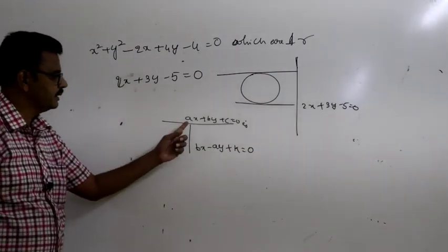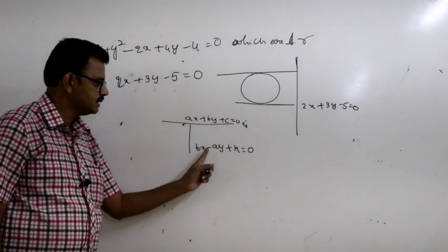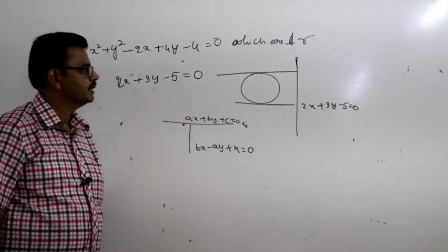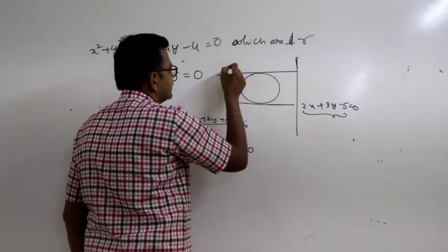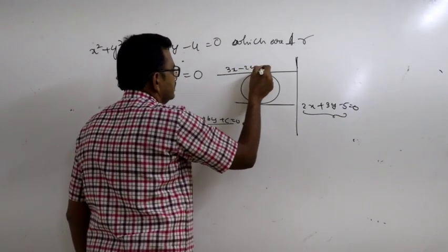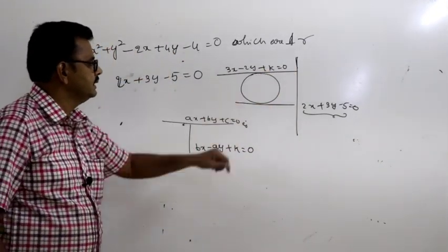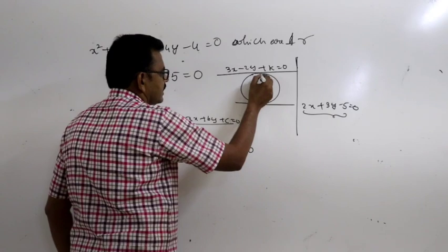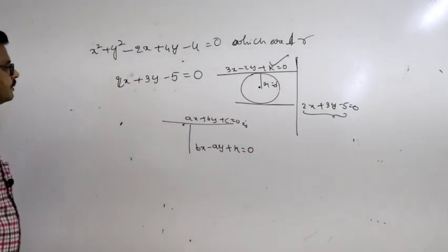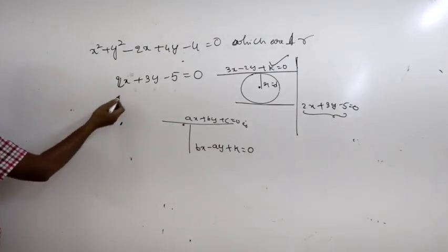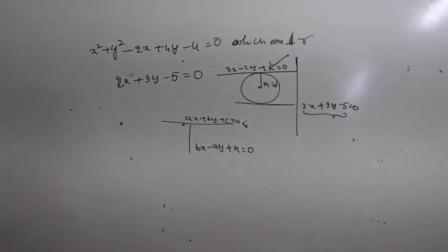How to find the k value? Since the line is a tangent to the circle, again the condition for tangent is r equal to d, so you get the k value. So you complete the remaining part. Good.